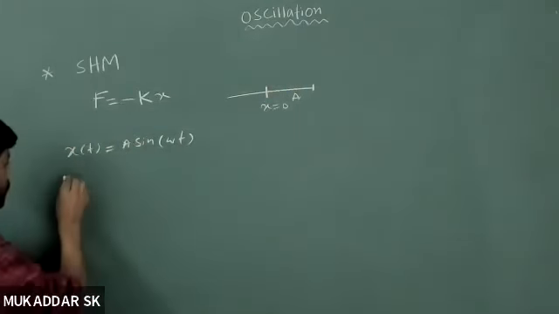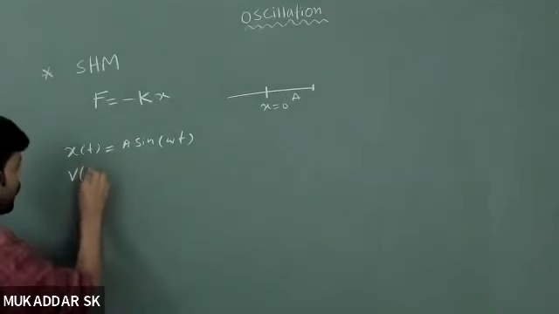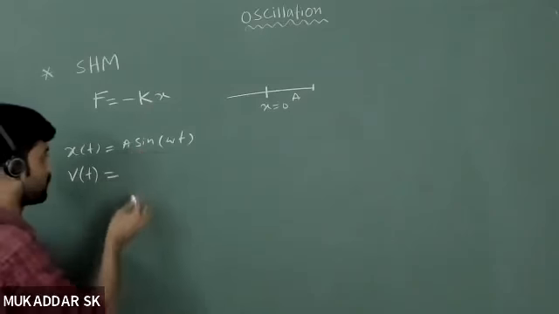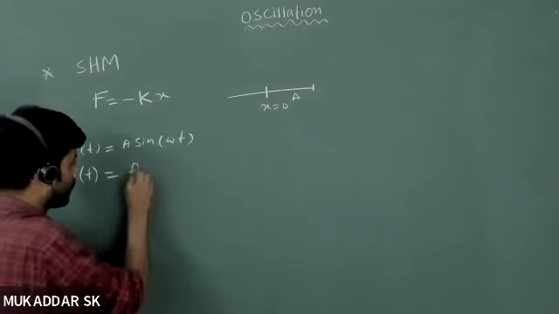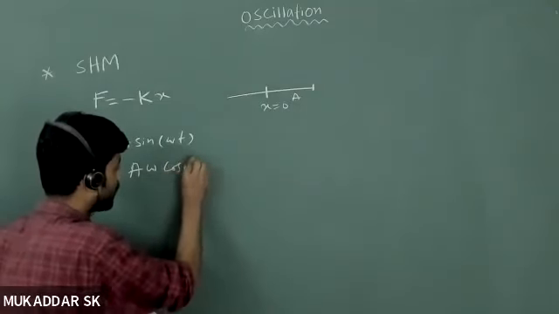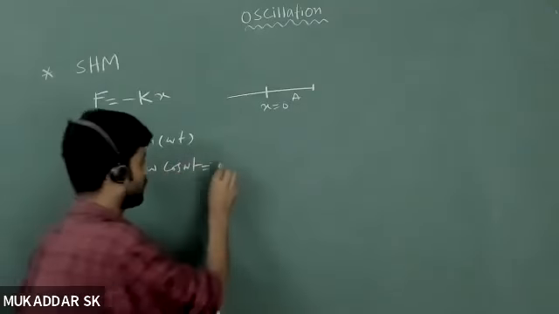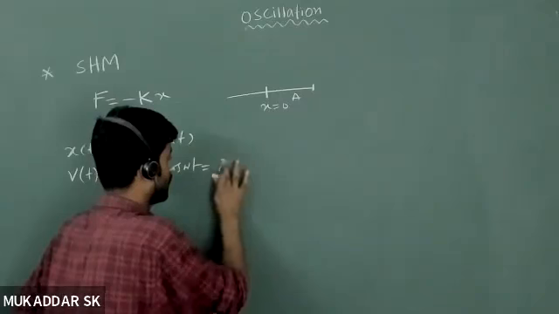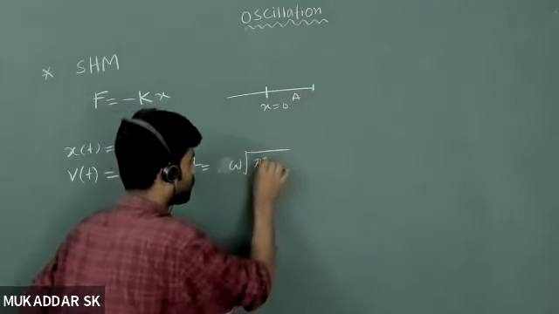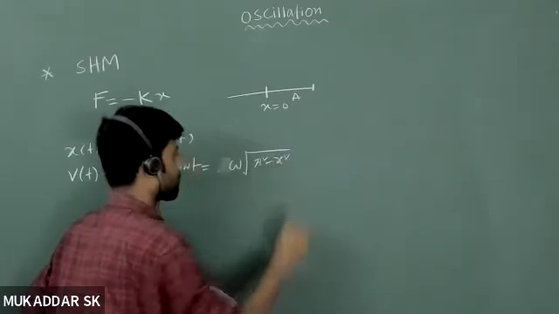We have also seen v of t, the velocity as a function of time. In this situation, that is a omega cos of omega t, and you can further write it as omega into root over a square minus x square, right?